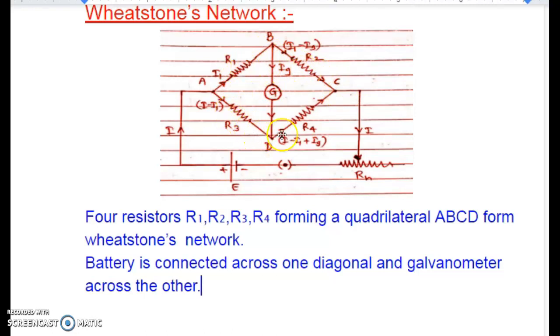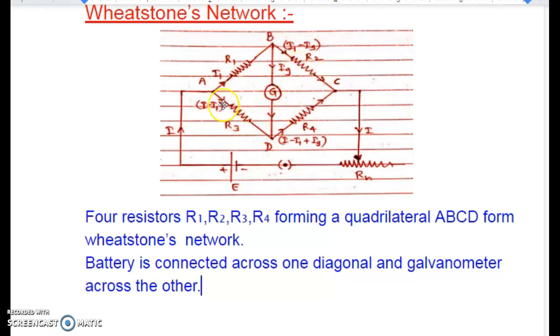In this ADC branch, you have two resistors R3 and R4, connected in series, so that whatever is the potential difference applied between A and C, that is divided by this upper resistors R1 and R2 in the ratio of R1 and R2.